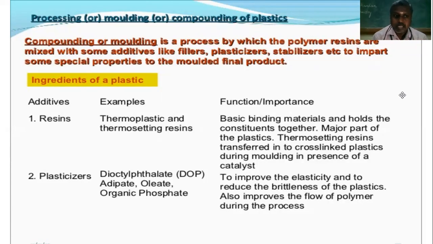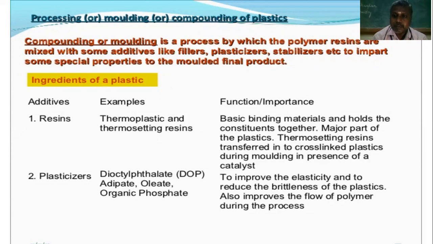So what are the ingredients that are added to the plastics? First one is resin. This is the basic compound. It is normally thermoplastic or thermosetting plastic resins. So what are the functions of these thermoplastic or thermosetting plastics?